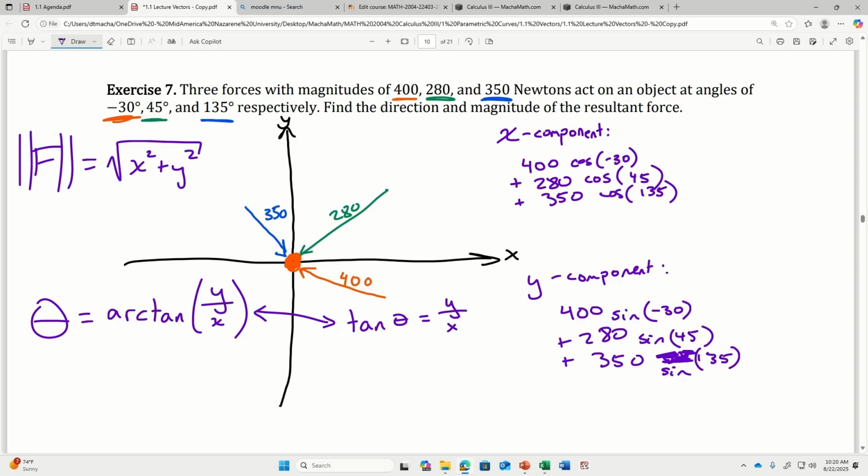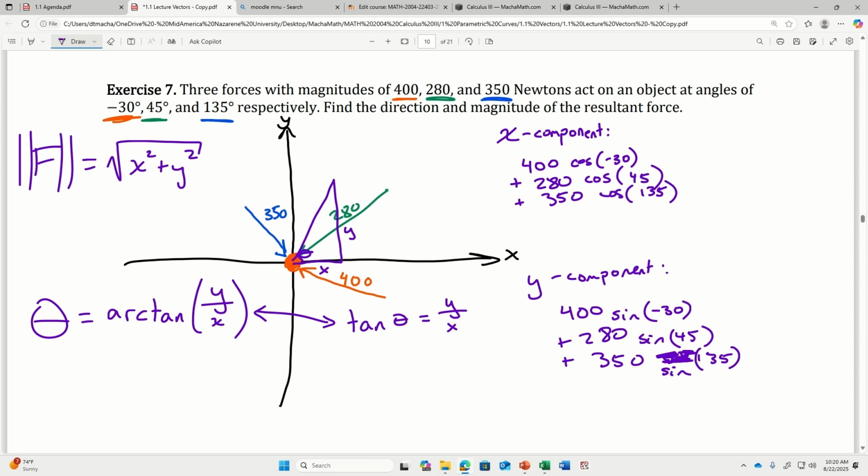And so if I've got some angle, theta, the opposite side is going to be the y component, and the adjacent side is going to be the x. And so I can write tangent of theta is y divided by x.